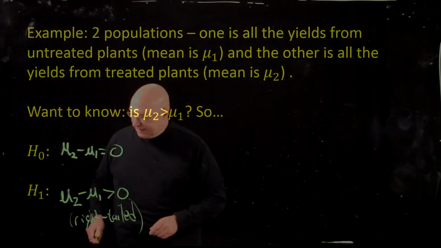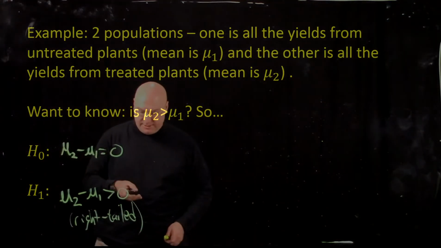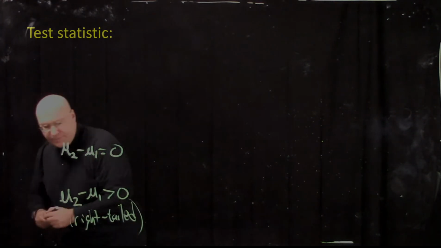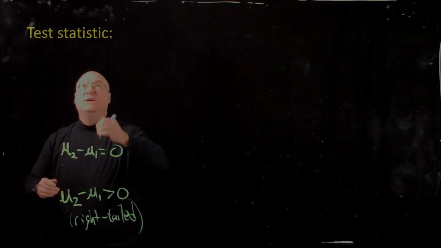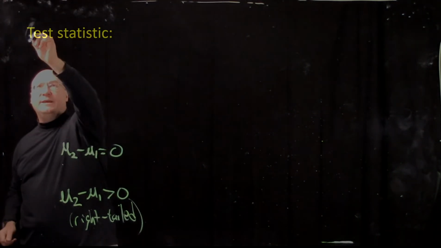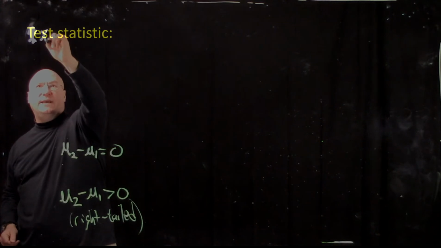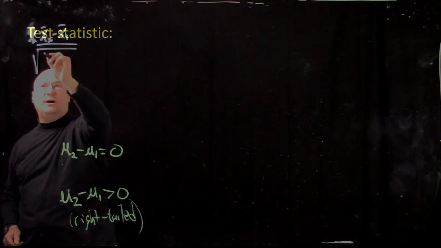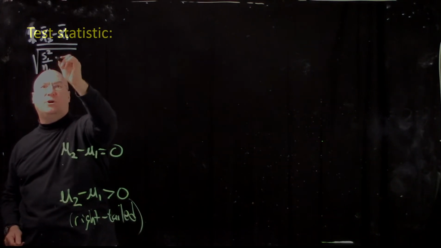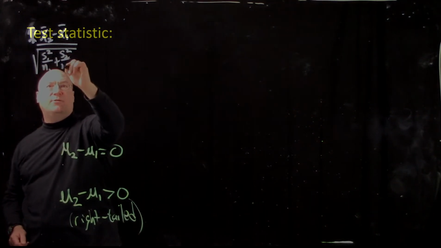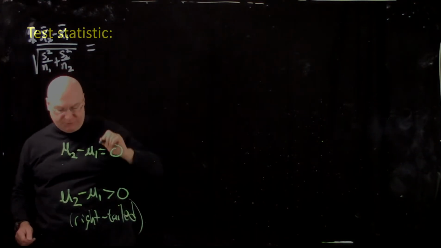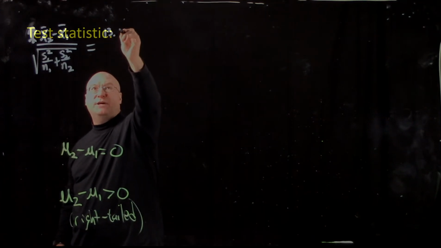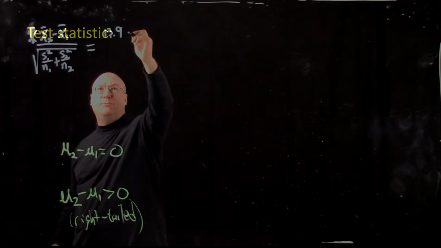Okay, let's do our test statistic. I put it up there, so I think I have room to do it. The test statistic is x2 bar minus x1 bar over the square root of s1 squared over n1 plus s2 squared over n2, and that's equal to, let's see, the sample mean from the fertilized, treated group was 13.9 pounds.